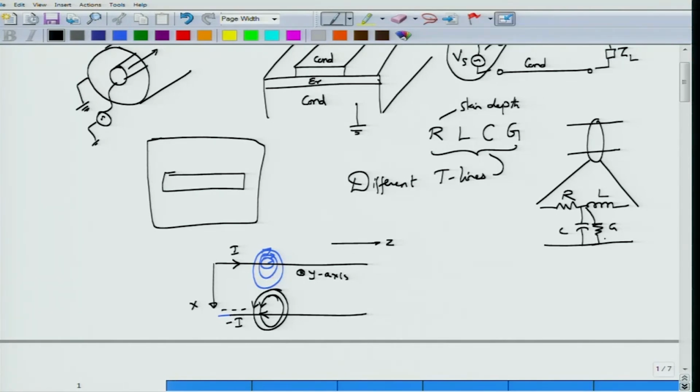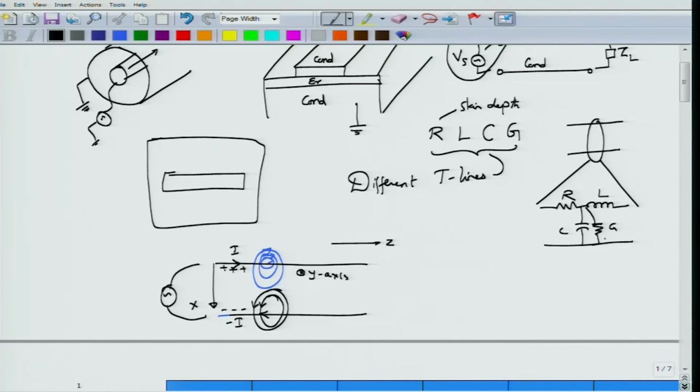Now if you look at not just the current which is inducing the magnetic field, current is nothing but flow of charges, and there is a source that is applying a certain potential, at least at the source end. So there is a source applying a certain potential difference between the two conductors, a top conductor and a bottom conductor, which means that the conductors will be polarized in opposite ways.